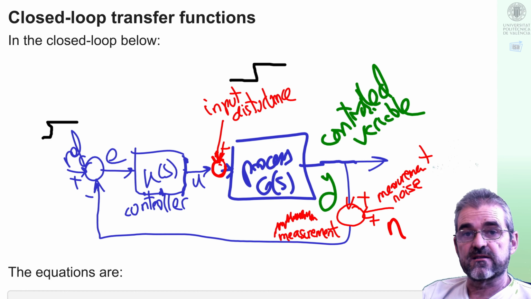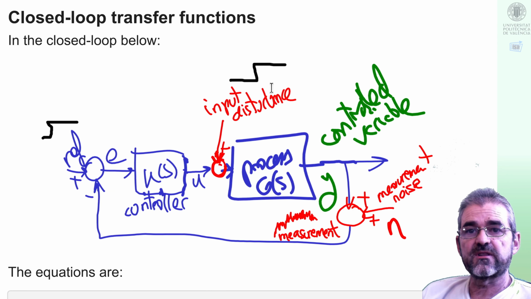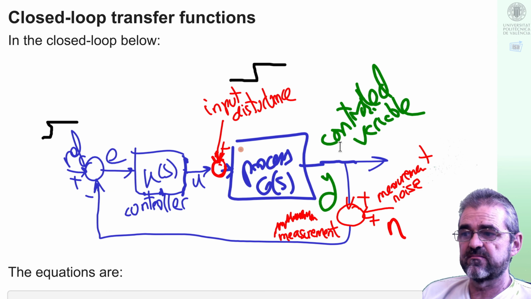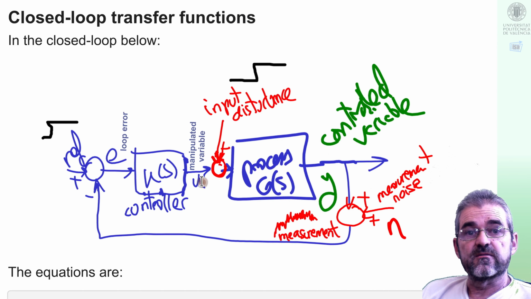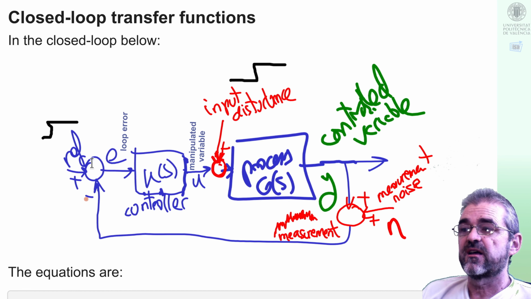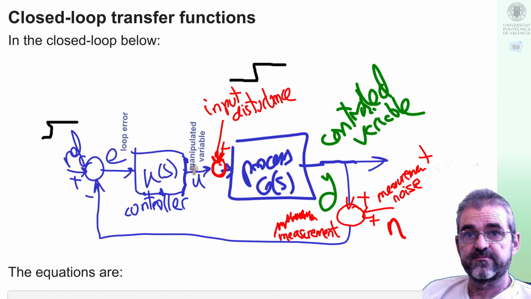But let's start easy with just algebraic derivations with the controller gain as a symbolic letter to see what happens when it changes. So the block diagram we are dealing with is this one. We have a process. The manipulated variable is corrupted by an input disturbance, and also the true output is corrupted by a measurement noise, and then we have a set point and an error.